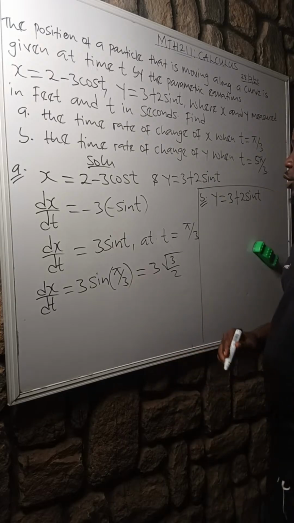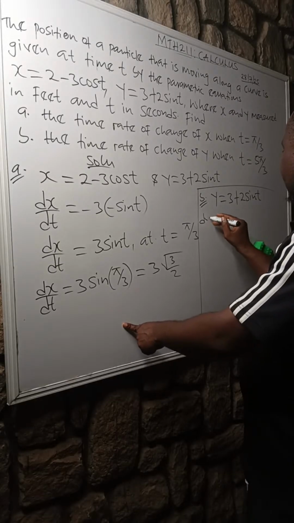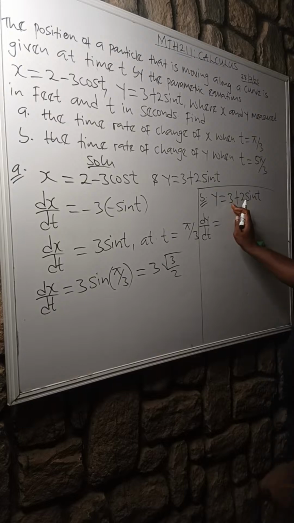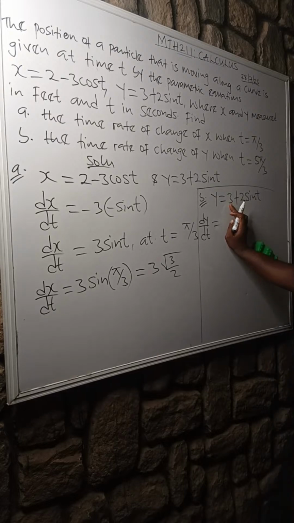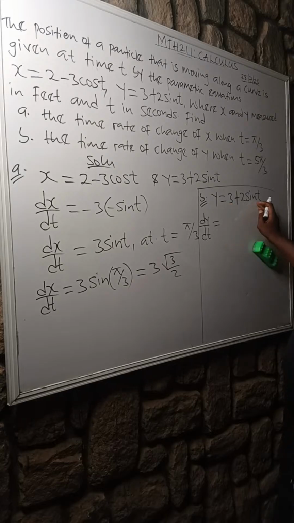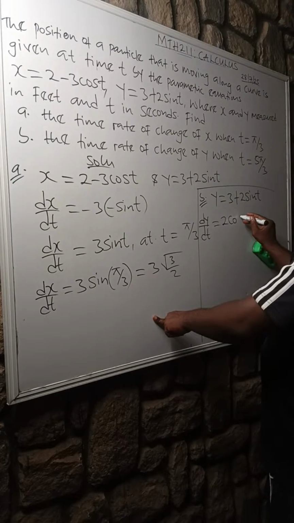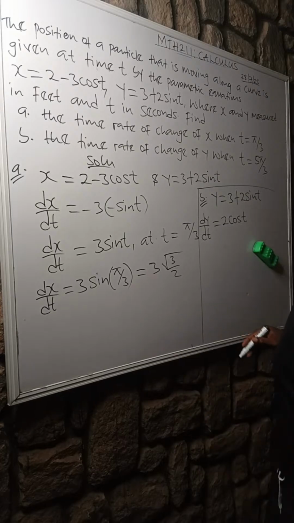So this implies that our dy all over dt is now equal to, already this is a constant 3, so it's going to be 0. Now when you differentiate sine t, you are going to have cos t. Easy to multiply this constant here, so here will be 2 cos t, true or false?